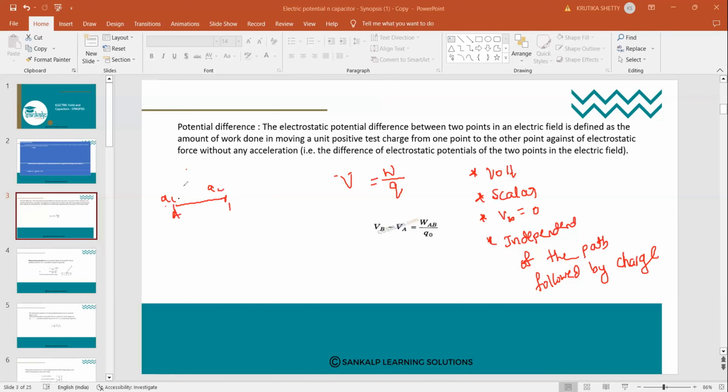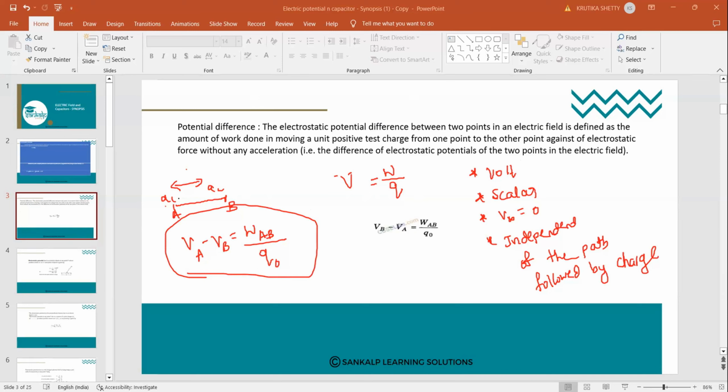This is my point A, this is my point B. The potential at A minus the potential at B is called the potential difference, and it is given by the work done between A and B per unit charge. The potential difference is given by VA minus VB, between the two particular points. So this is regarding electric potential and then the electric potential difference.